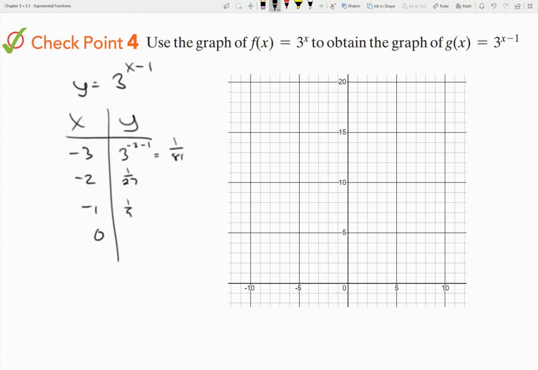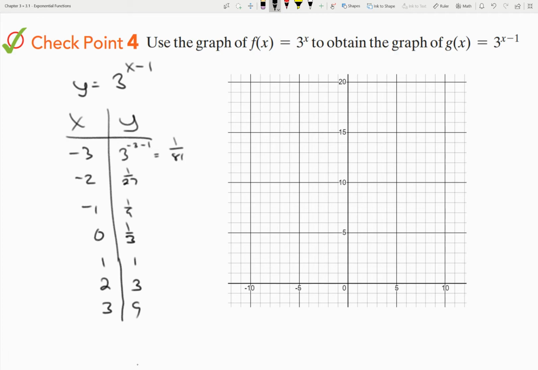For 0, remember this isn't 3 to the 0 power. It's 3 to the 0 minus 1 power. So there's my 1/3. 1 becomes 1. 2 becomes 3. 3 becomes 9. And then we'll be off the graph with 27.